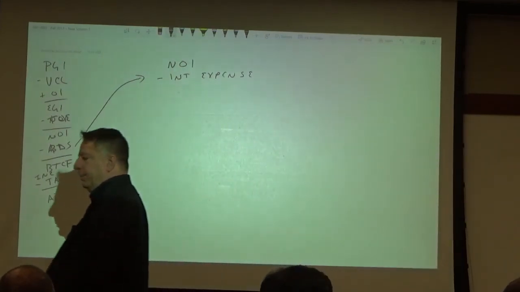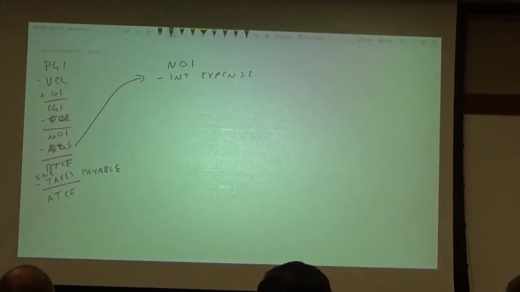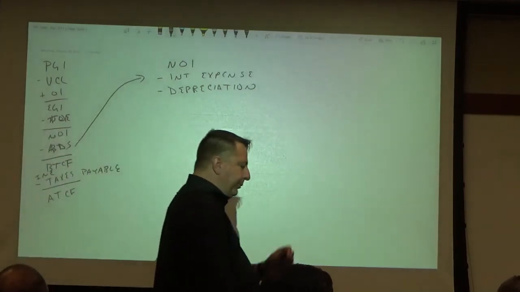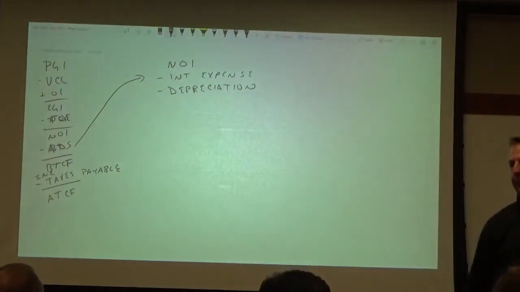Now, out of that net operating income, we get to deduct that interest expense. What else do we get to deduct? Depreciation. We get to deduct that depreciation amount that we had calculated previously. What else do we get to deduct?